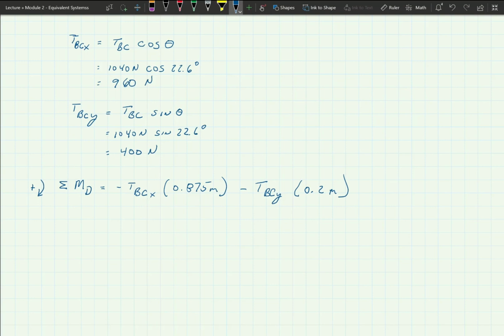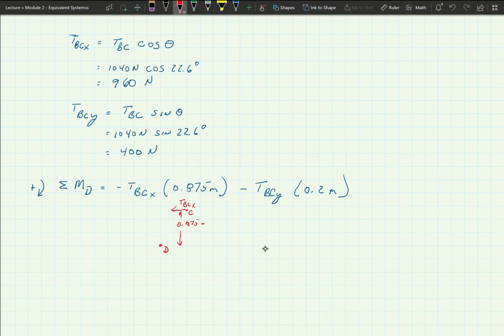So let me do a little diagram here. I'm going to do it right here underneath this. So here's my point D, and here's my TBCX acting at C. So it is offset by 0.875 meters from here to there. Okay, so that's what that one is.